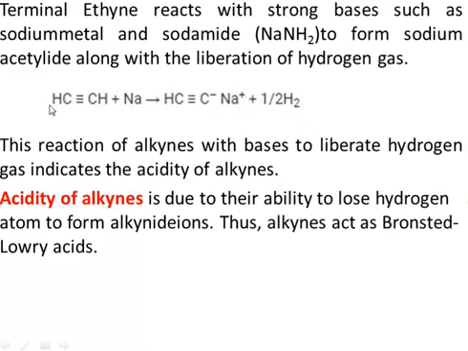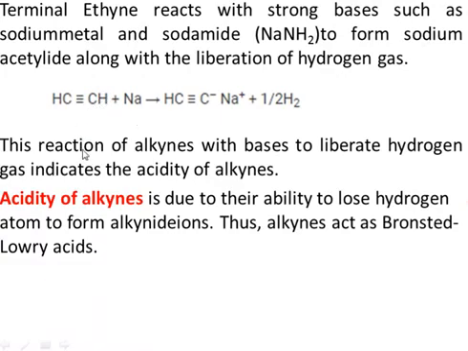This reaction shows that alkynes can undergo substitution reaction, right? Because the metal is substituting the hydrogen. Furthermore, this base has picked up this hydrogen. It means this hydrogen is acidic, right? Whenever a base reacts with a molecule and picks up a hydrogen, it means this hydrogen was acidic, and that's why the base has reacted with it.